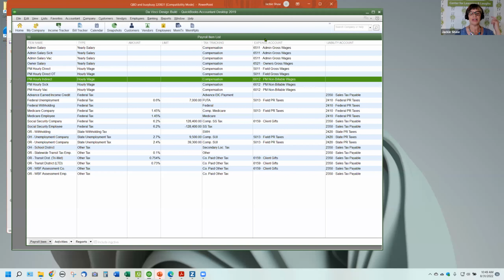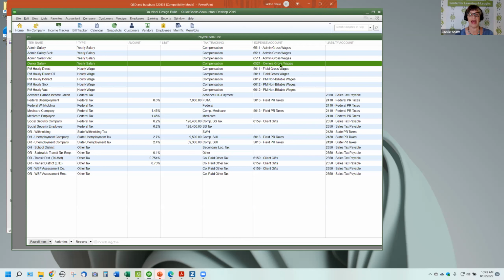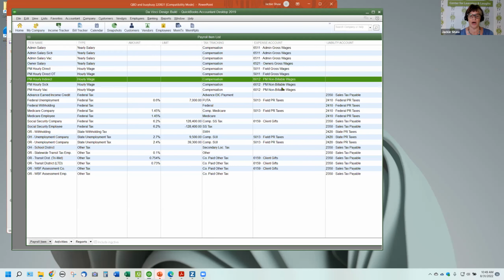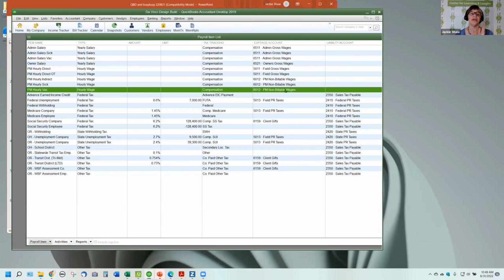For accurate job costing data at the end of the day, you must have payroll items that are mapped to all the different places where you want the dollars to land, and you must have timesheets that are linking these payroll items to the jobs and the items so that when they're on the financial reports, they're accurate, right? So job, item, payroll item, they all have to be in sync for you to end up with correct financials.